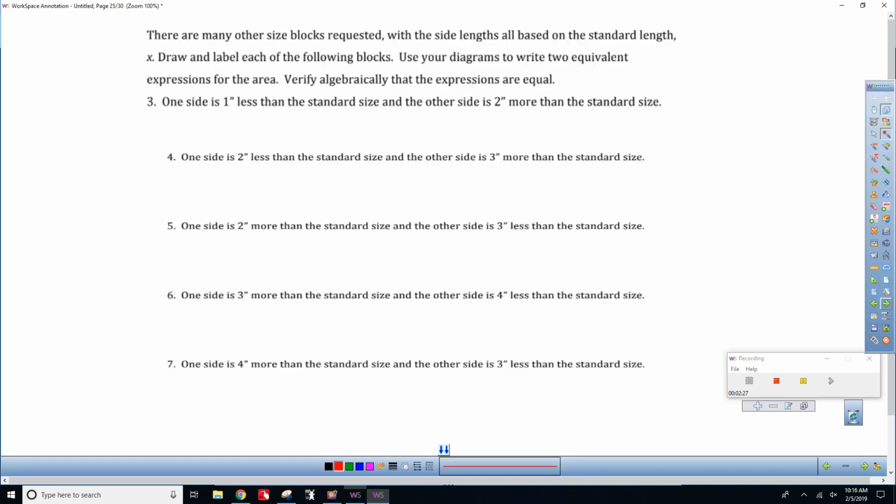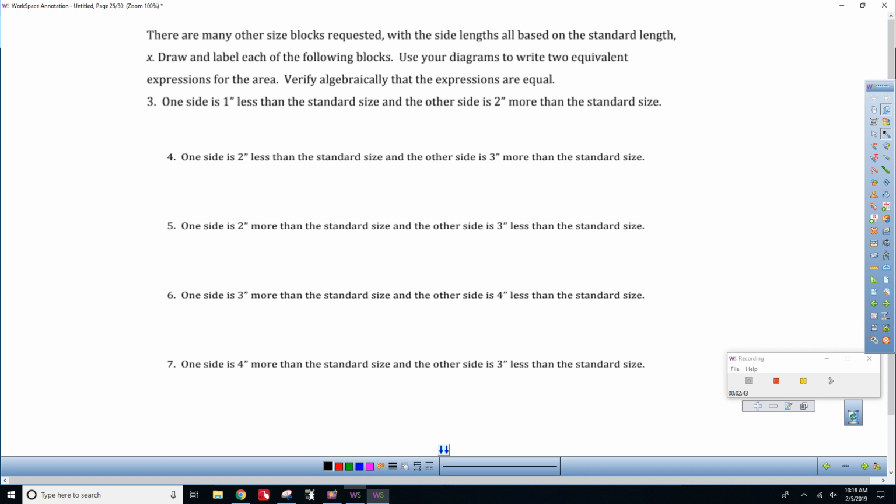Okay? There are many other sizes of blocks requested, with all the side lengths based on the standard length X. Draw and label. Use your diagram to write 2 equivalent expressions. Verify that the expressions are the same. All right.